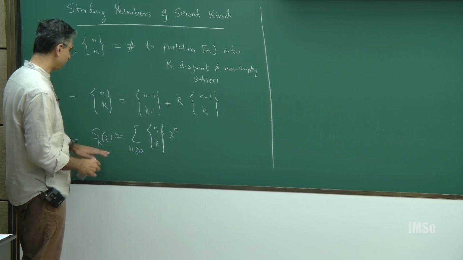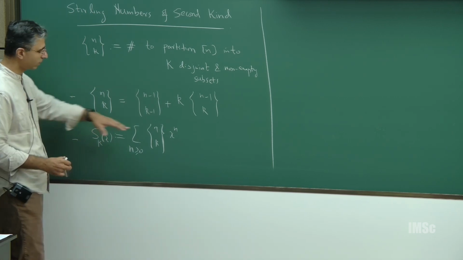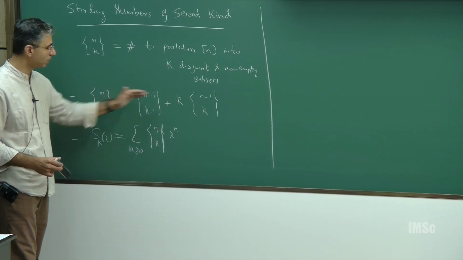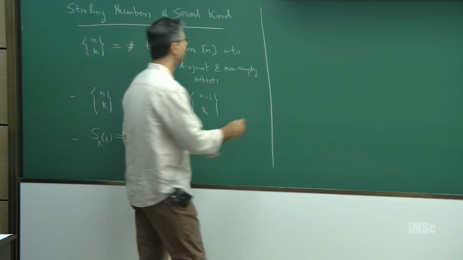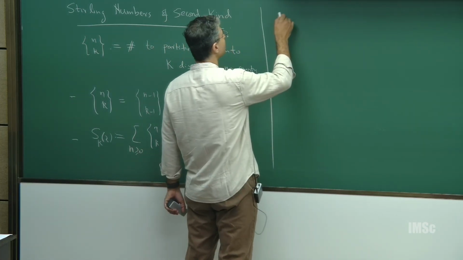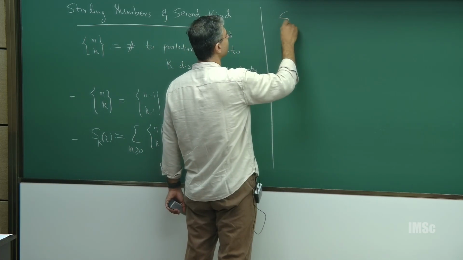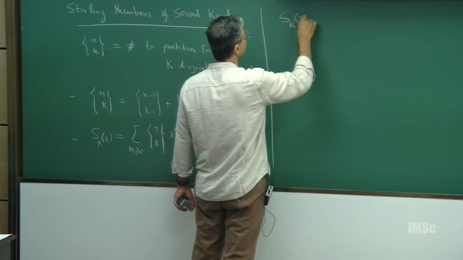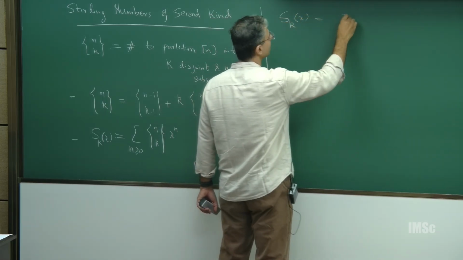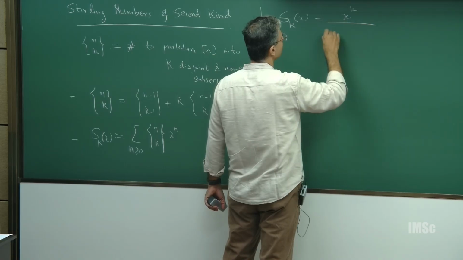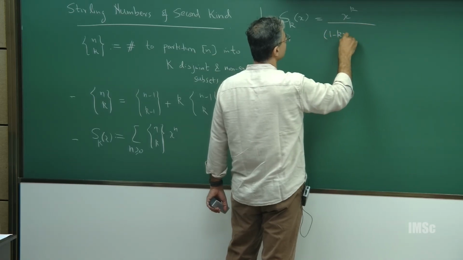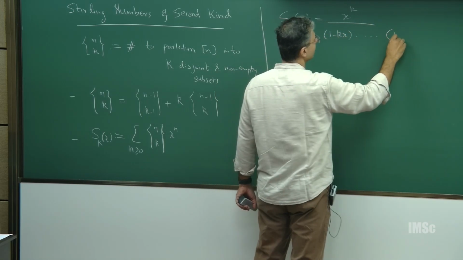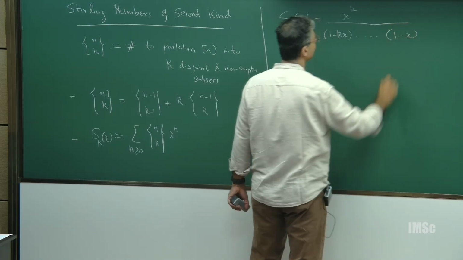So, we defined it this way and then we multiplied x raised to n both sides, summed it up and solved for a recurrence. We got that for the generating function, S_k of x is x raised to k upon this product of linear terms.